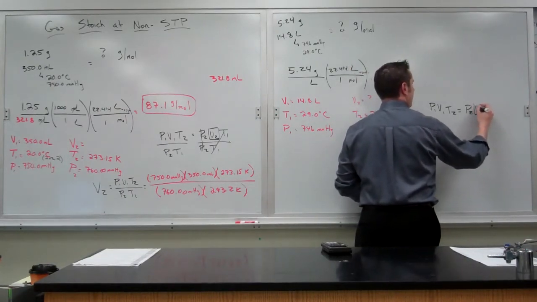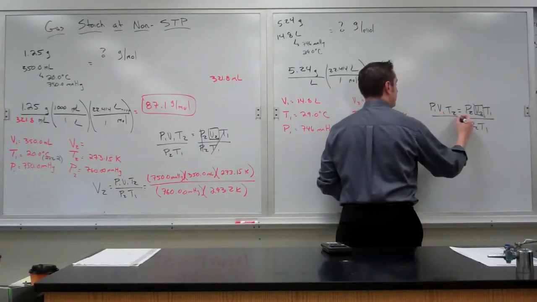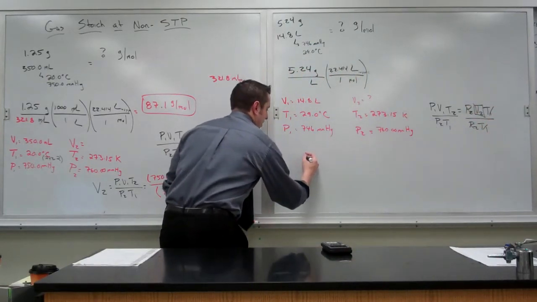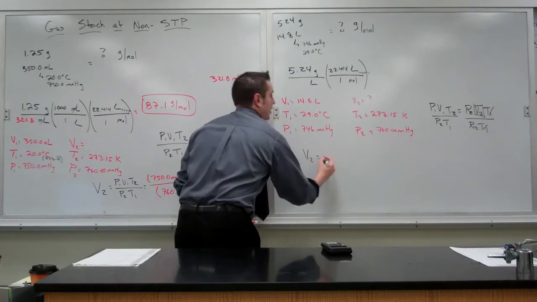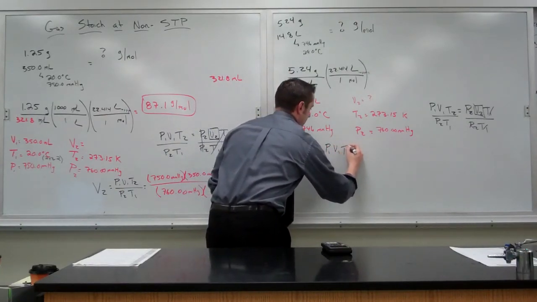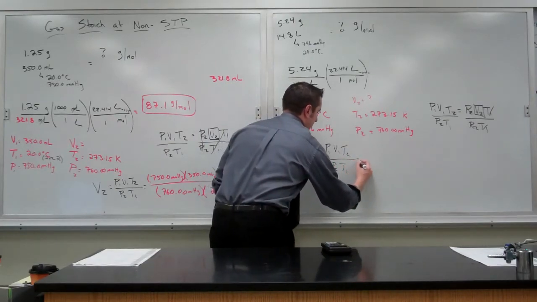Solving for V2 looks like P2 T1 gets divided on both sides, leading me to V2 equals P1 V1 T2 divided by P2 T1.